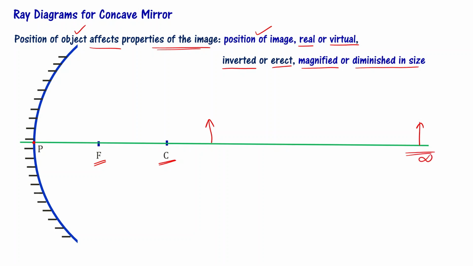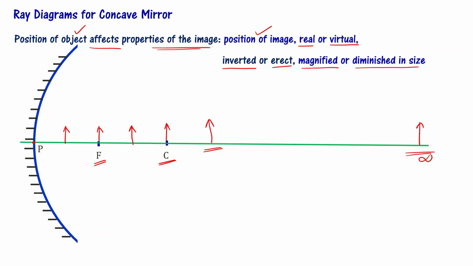My object can be very far away from the mirror, or slightly away from the curvature, or the object can be on the center of curvature, or the object can be in between F and C, or the object can be on F, or the object can be between P and F. You know, these are different possible options, right?